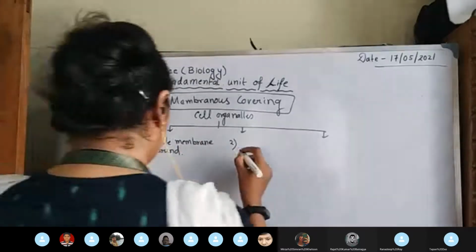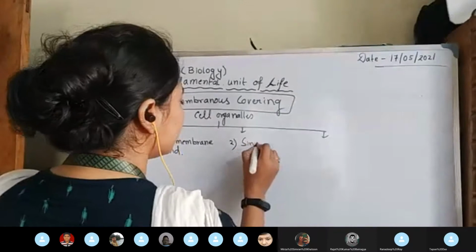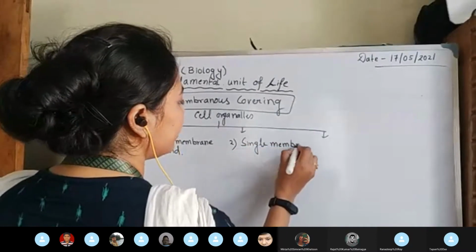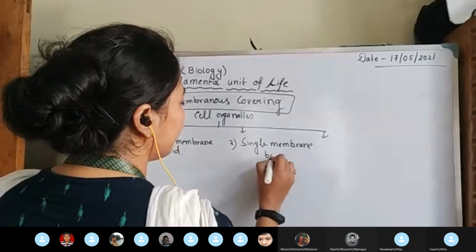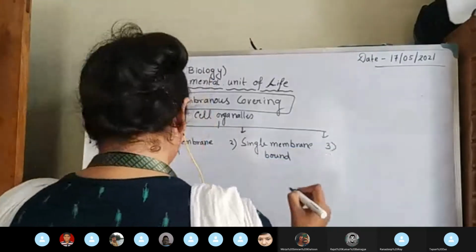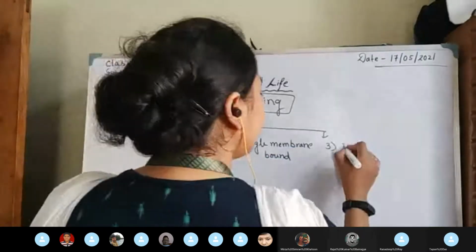Then the second one, single membrane bound organelles, and the third one is membraneless.